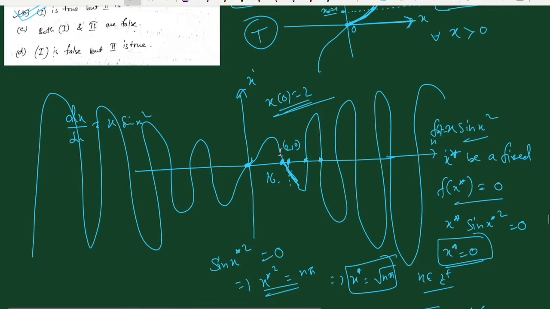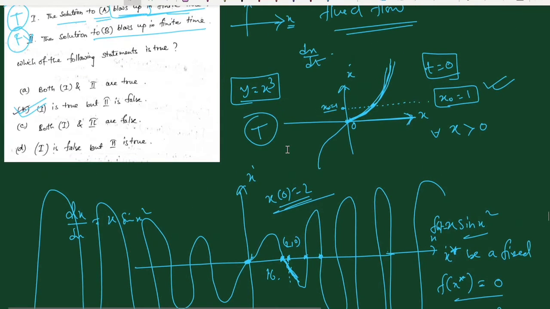One more question you may ask: sir, how can we draw the graph in the exam hall? If you don't draw the graph, you can also solve this question. The equation given is x sin x², and the zeros are root under nπ and 0.